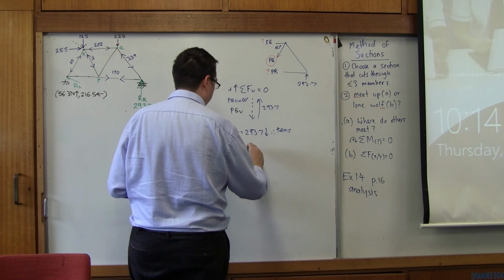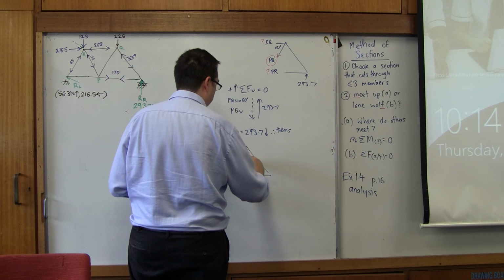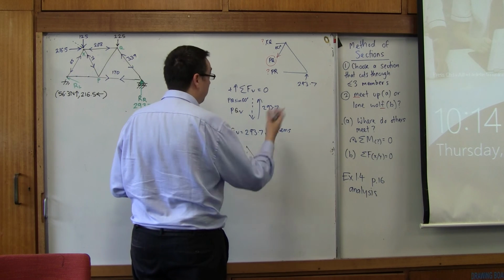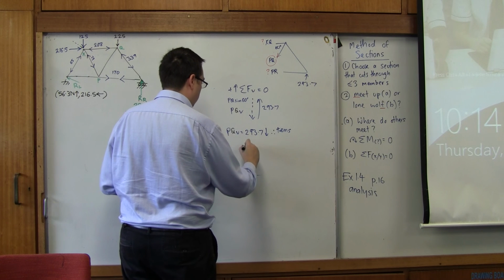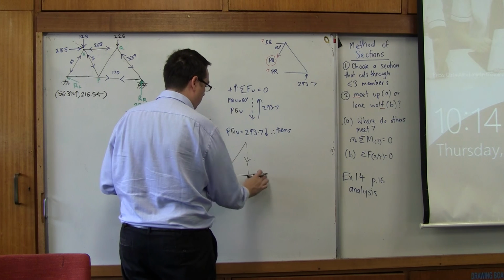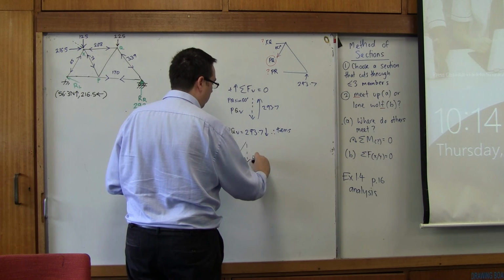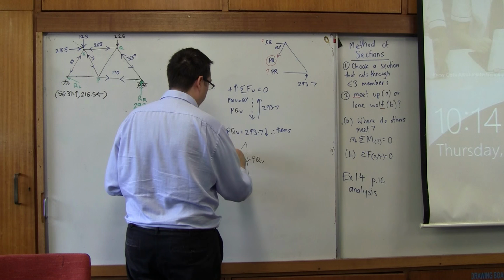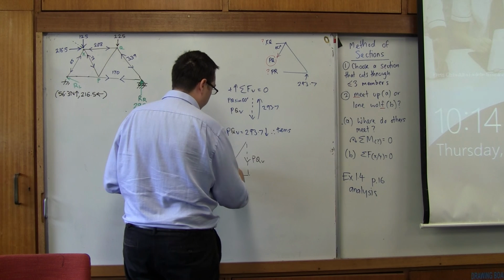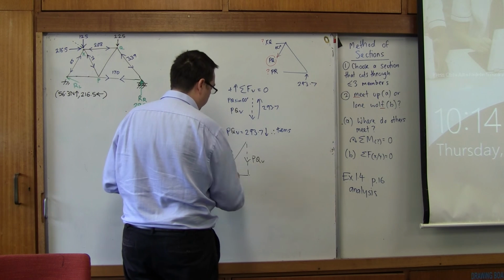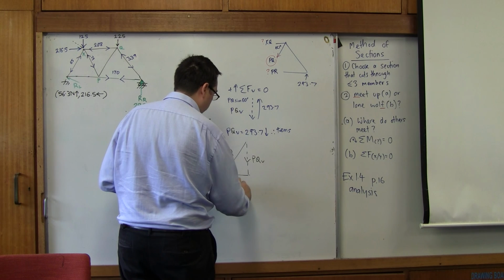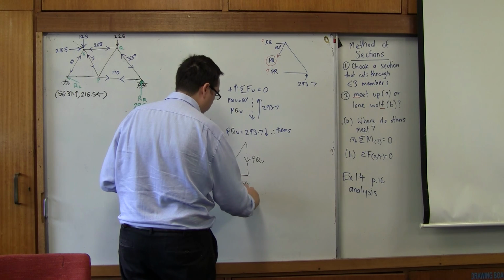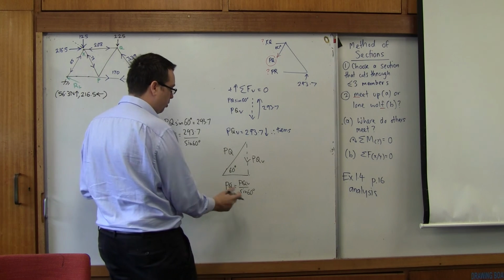I'm going to say, well, we need to have a force down, so that's going to be going down. Okay, so if this is PQV, this is PQ, and we're going to say that if that's 60 degrees, PQ equals PQV divided by sine 60. Hey, it's exactly the same as what we wrote here.